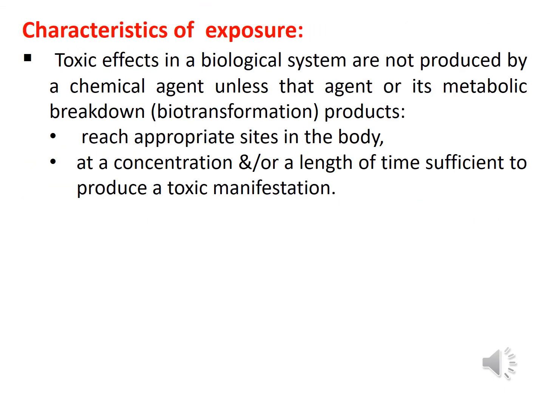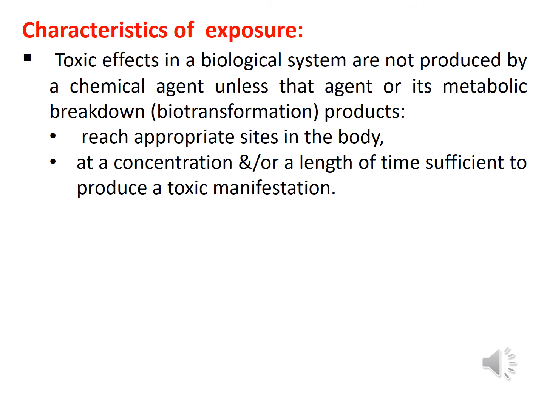Characteristics of exposure. For a chemical agent or its metabolic products to produce toxic effects in a biological system, certain points need to be achieved. The first one is that the chemical agent or its metabolic products should reach appropriate sites in the body.